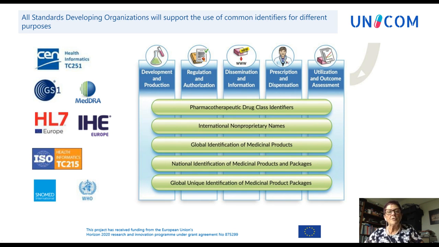So what's important here is within UNICOM, there's a whole work package which is dedicated to the standards development organizations and working together to support identifiers and approaches for the different use cases and purposes. Here, Robert, who's from CEN himself, GS1, MEDRA, HL7, IHE Europe, ISO, SNOMED International and WHO have all come together.